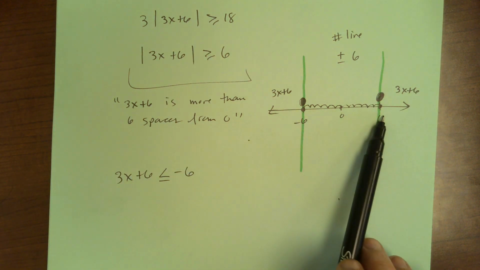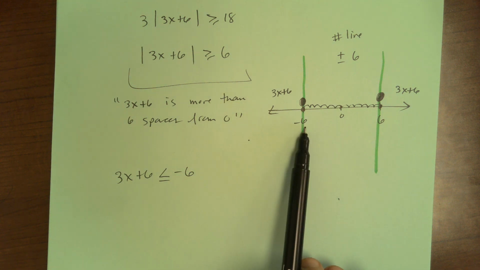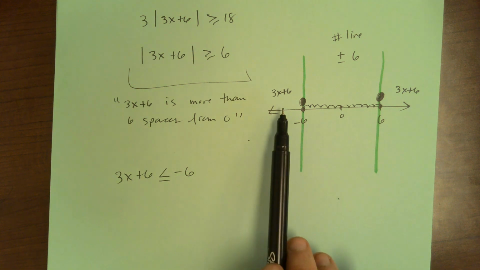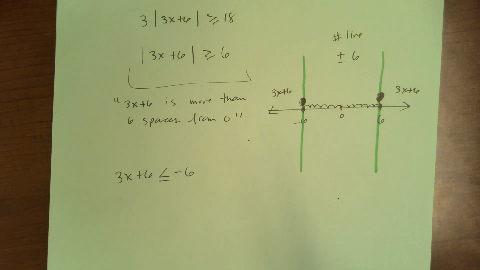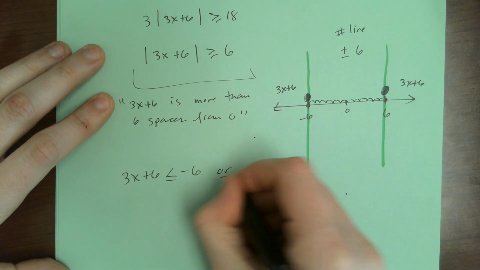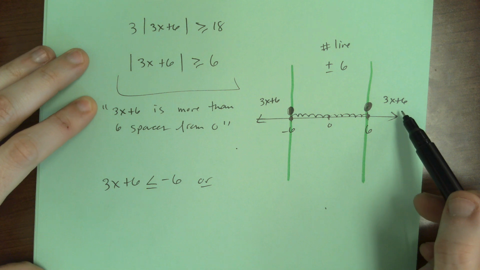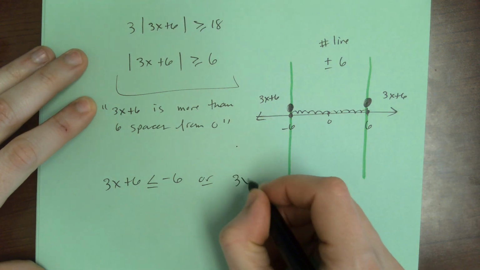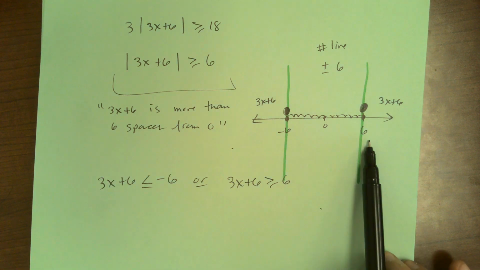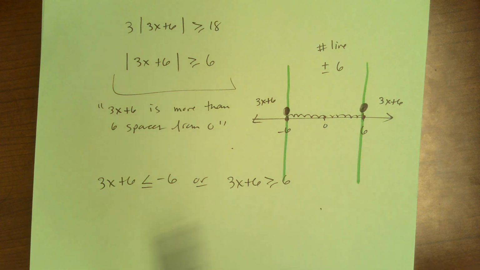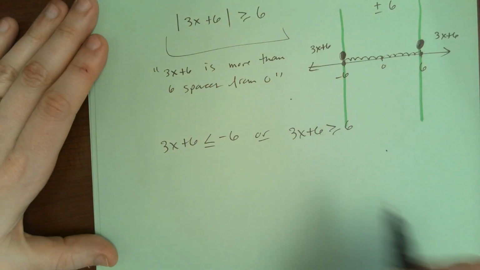On the number line, guys, the alligator is always going to eat what is to the right. This one is to the left of negative 6, so the alligator would be eating the negative 6. Or, for this section, we have 3x plus 6 is greater than or equal to 6.